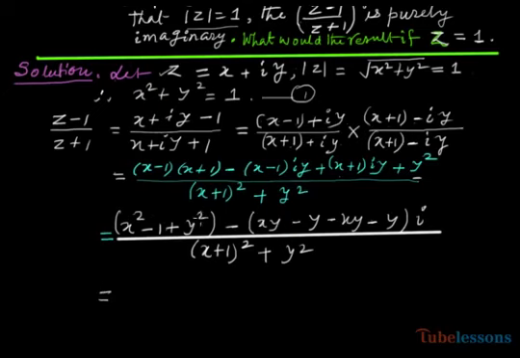Now, as x square plus y square is equal to 1, this becomes 1 minus 1. Now here, xy and xy you can cancel, so it becomes minus 2y, that is 2y into i.